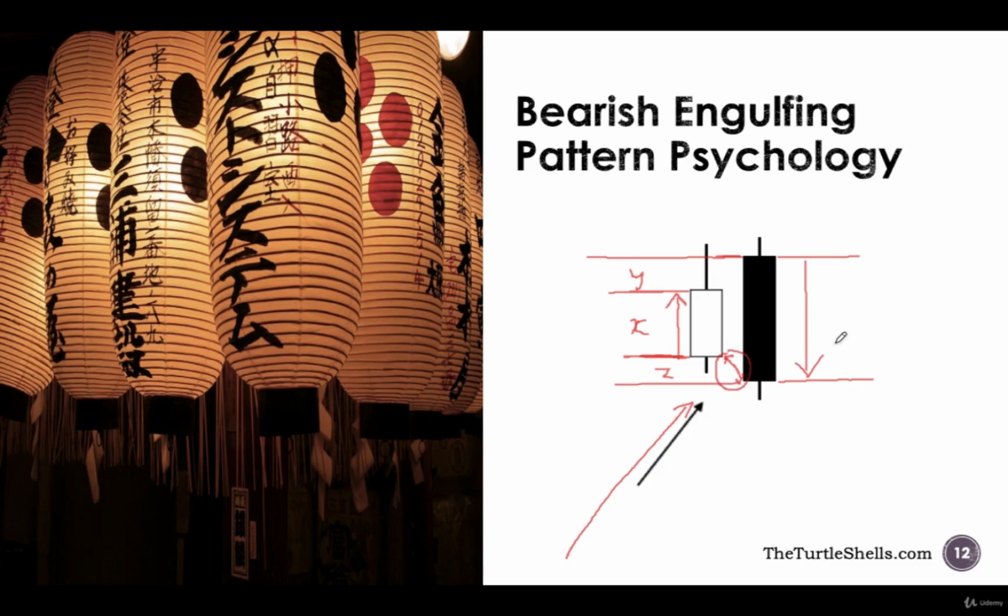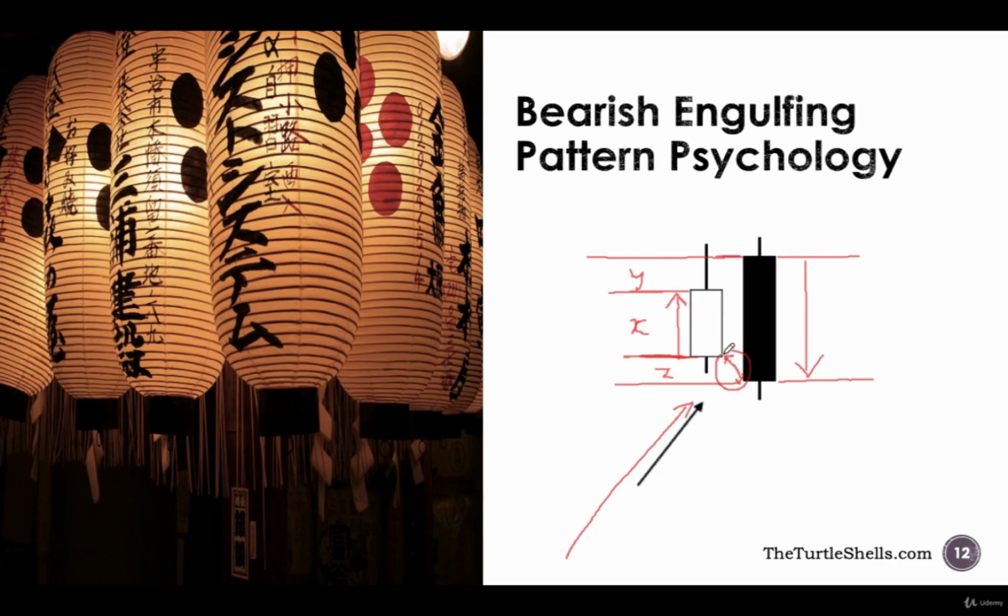But psychologically, their loss is X plus Y plus Z, because they have already seen the price go from here, travel all the way by X distance, then Y distance on the opening, and then come back again, lose the X, lose the Y, and lose that Z also.